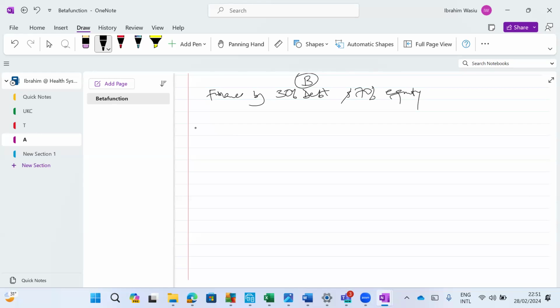For people that want to study, people that are not on this call: step 1, identify the proxy company and its data.